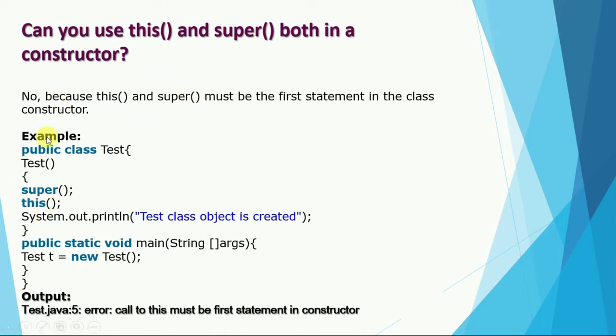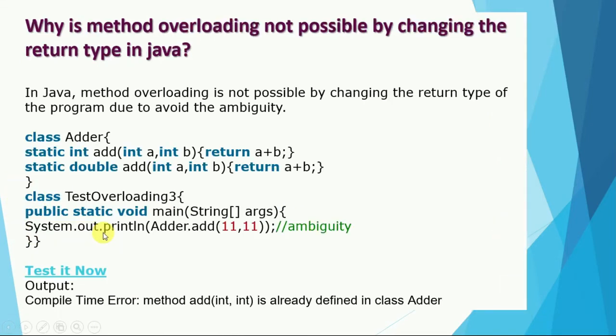As we can see in this example, we have a class named Test and a constructor Test, and we are trying to use both super and this, and then we have a printing statement, "Test class object created". In the main method, when we create an object and call this constructor, it will throw an error: call to this must be first statement in constructor, because in this program it is the second statement. That's why it will throw an error.